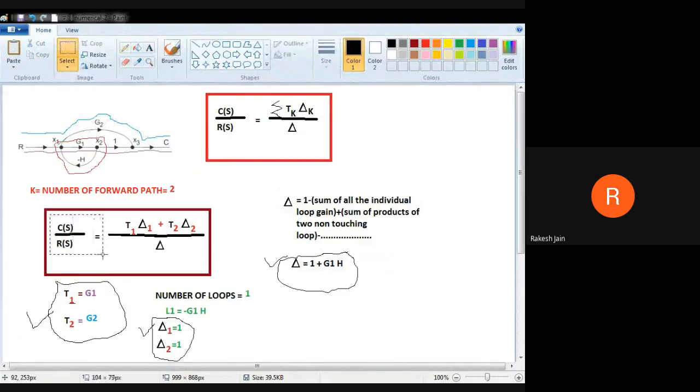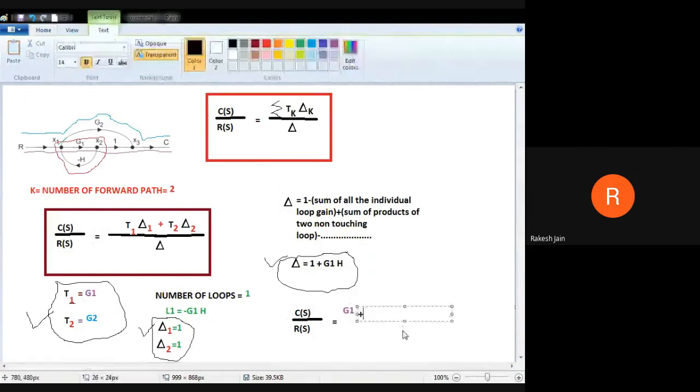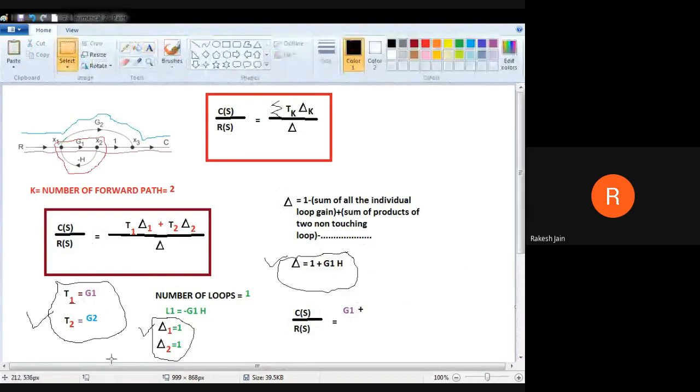Okay, so now I just write down the final answer by putting all these values in this formula. So CS upon RS is equal to T1. What is T1? T1 is G1 del 1, but del 1 is 1, so there is no meaning to write it, because G1 multiplied by 1 is equal to G1 also.